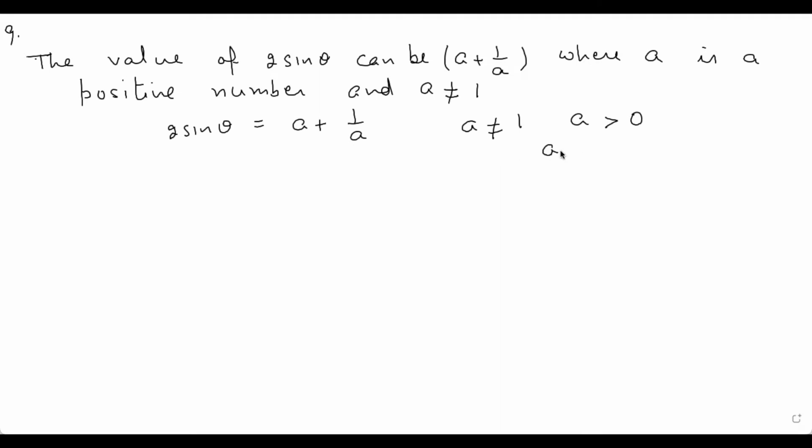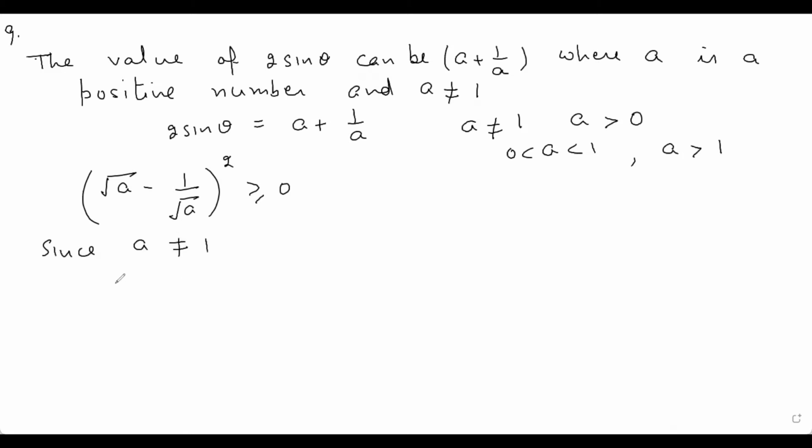It means value of a lies between 0 and 1 and a is greater than 1. Now we know root a minus 1 by root a whole square is greater than equal to 0. Since a is not equal to 1, so root a minus 1 by root a whole square is greater than 0.